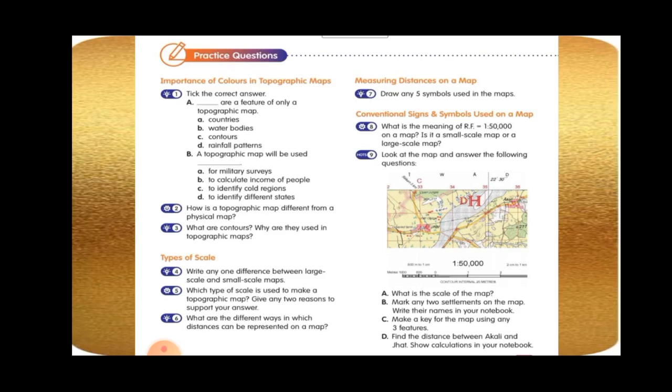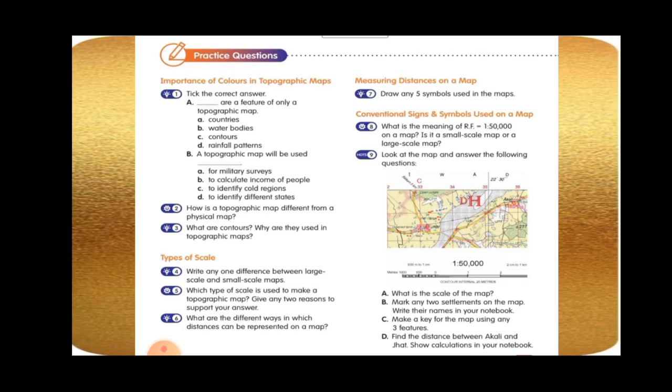So if the RF is 1 is to 50,000, it means that 1 centimeter on the map represents 50,000 centimeter, or 0.5 kilometer, or 500 meter on the ground. It is a large scale map. Why? Because in a large scale map a small distance is represented in detail.